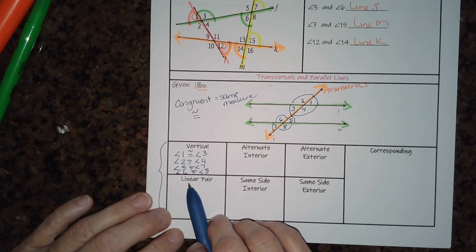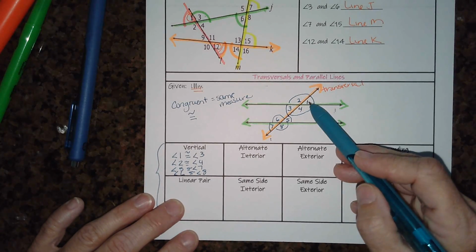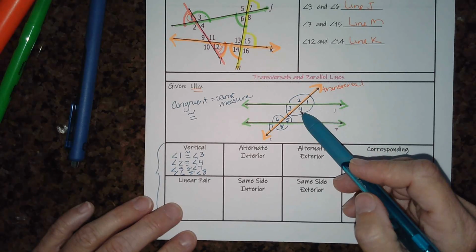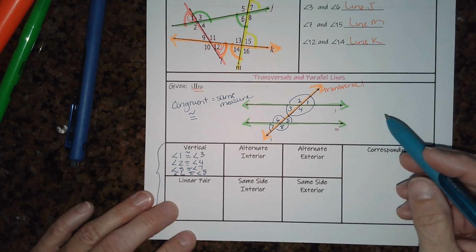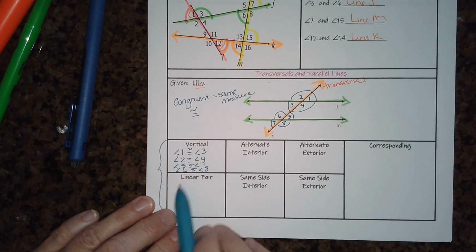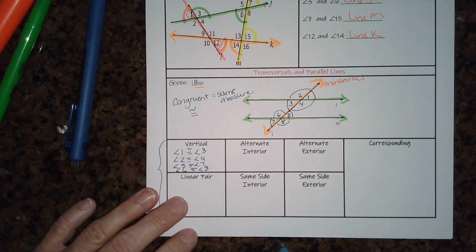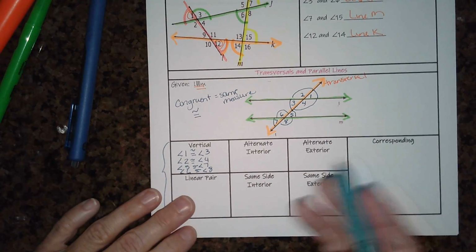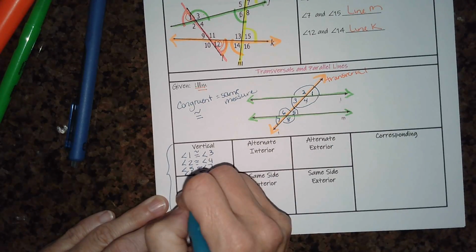Then the next pair I want to talk about is a linear pair. And we've talked about linear pairs. Well, a linear pair are two angles that are adjacent that create a straight angle. So the linear pair, there are several in our diagram. So one would be angle 1 and angle 2.